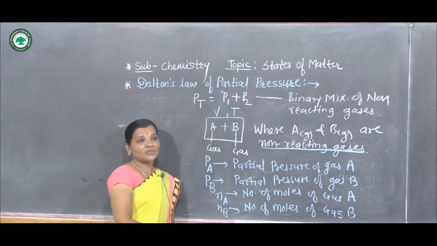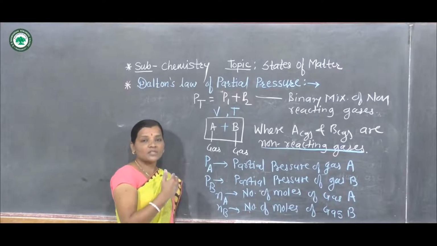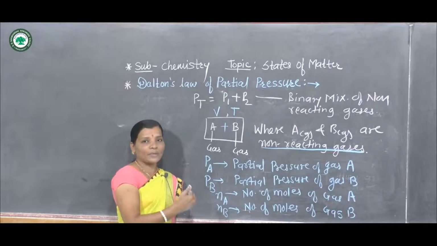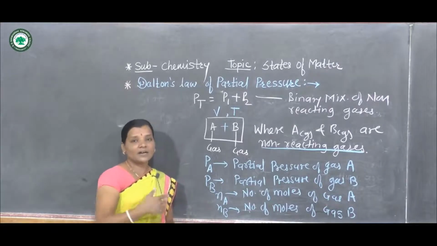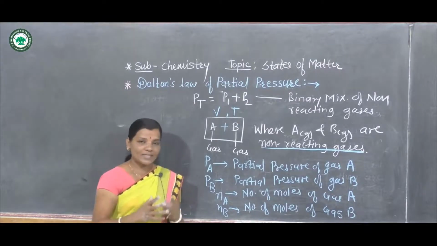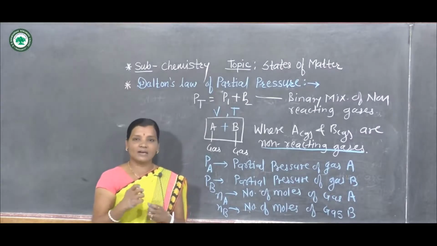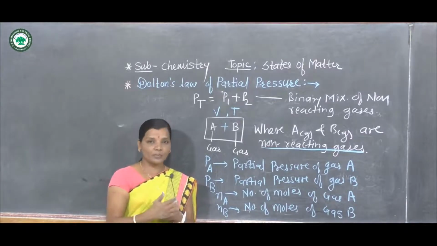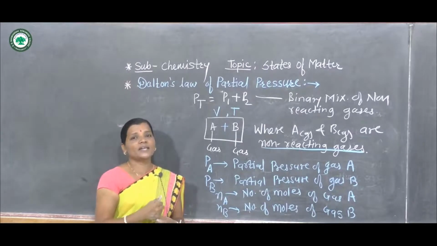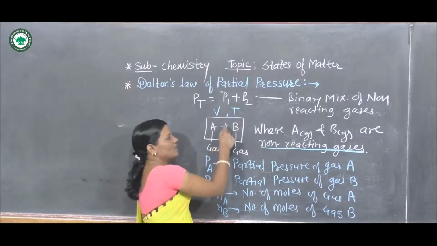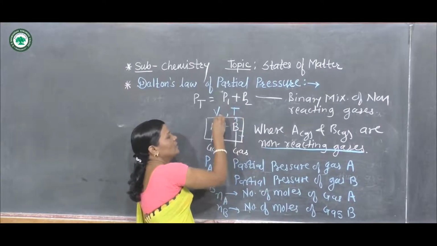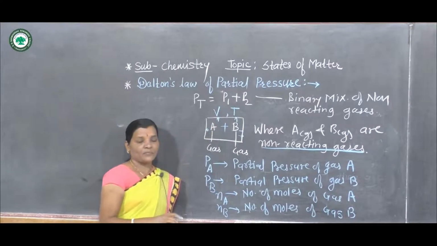Now why are these gases showing their partial pressure, or how are these pressures exerted in the container in which the mixture of gases is taken? Whatever gas molecules are in a container, they are always moving. They have their own kinetic energy, and due to that kinetic energy the gas particles hit the wall of the container with a force.